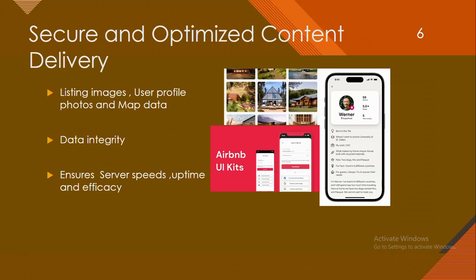To maintain data integrity, Airbnb has backup systems and checksums to detect and prevent things such as corruption. By hosting assets in the cloud and using content delivery networks, Airbnb is able to give users high speeds, low latencies, and better uptime performance while the app is being used.